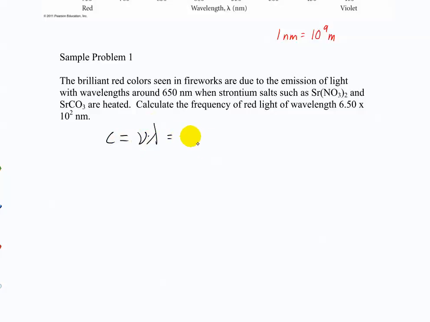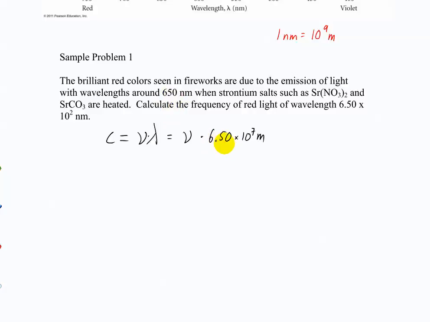So that equals the frequency, which we're trying to find, times the wavelength in meters. Wavelength in meters is 6.5 times 10 to the 7th, because it's 650 nanometers. So that's 6.50 times 10 to the 7th.